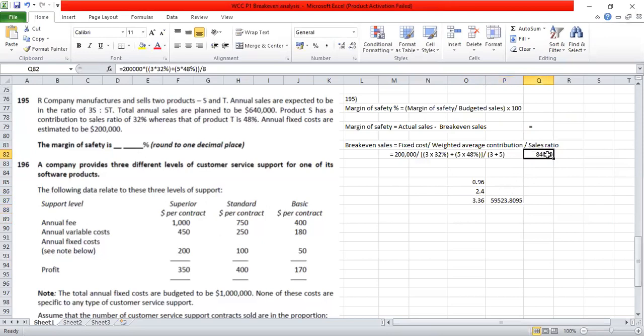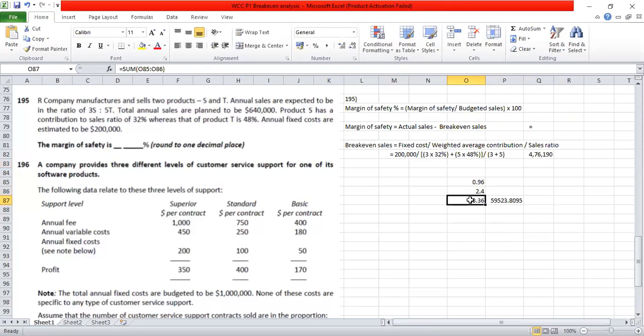Where did I go wrong? 3 into 32% and 5 into 48%.